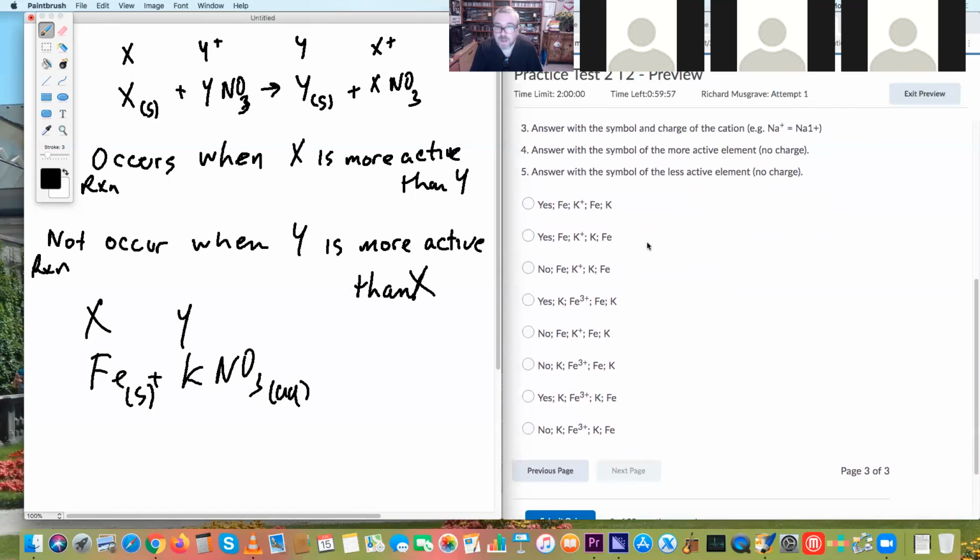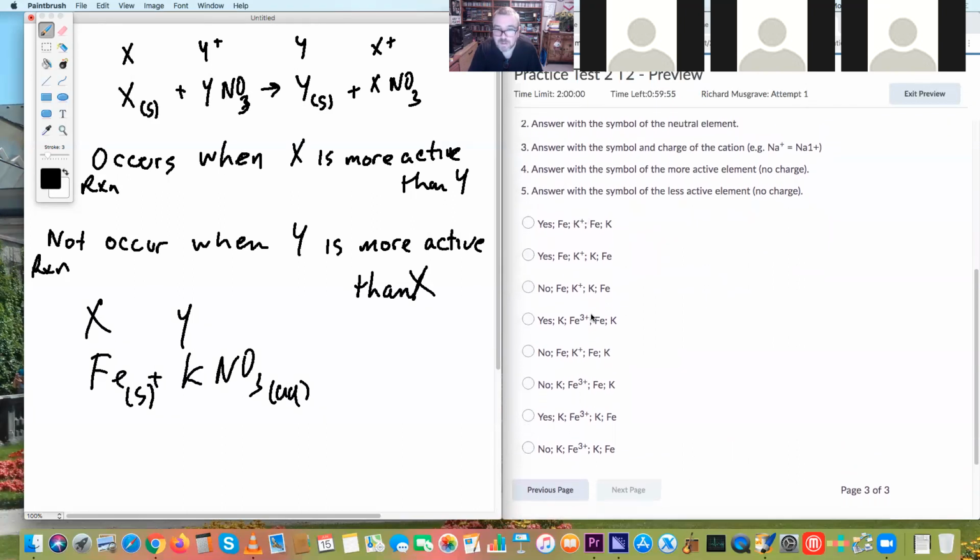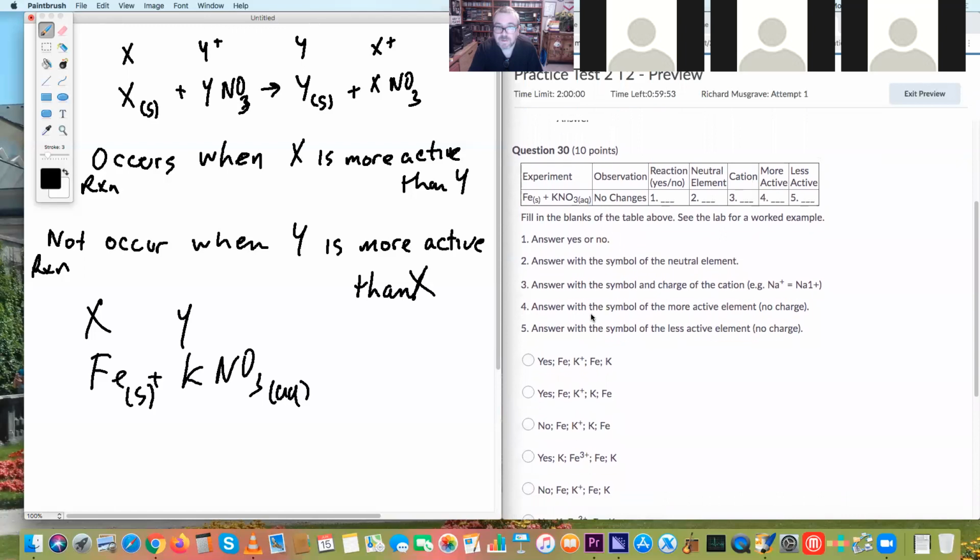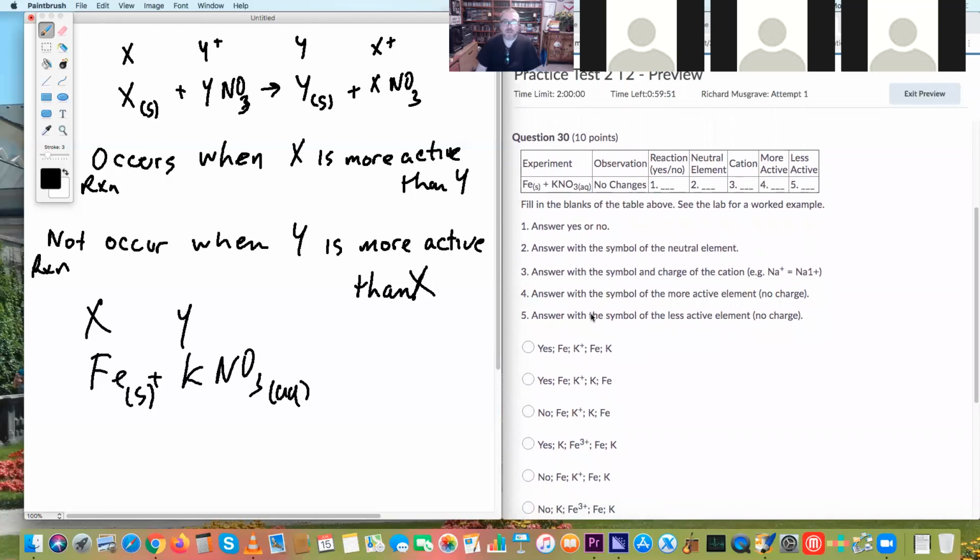So you choose the answer that fits that. So it's not really that bad. It's just a matter of knowing what happens when the reaction's occurring and what happens when the reaction is not occurring. So any questions about that? I will do another example.